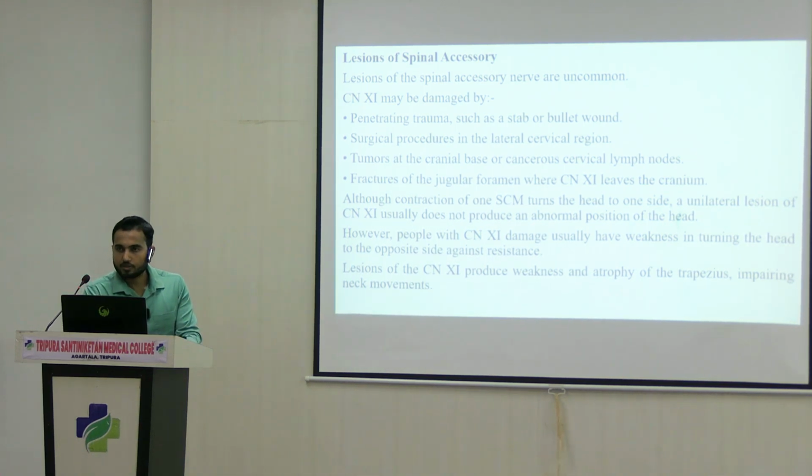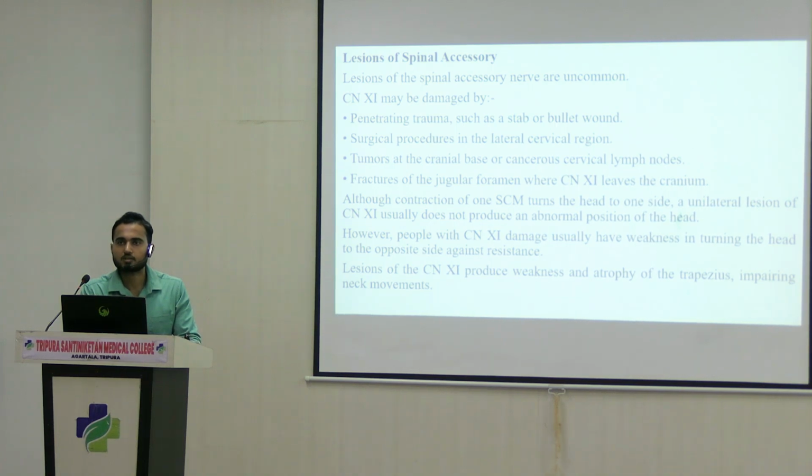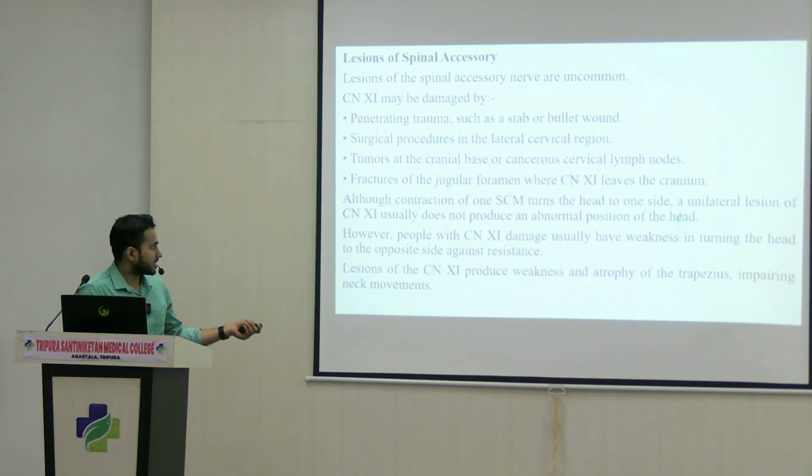In 11th cranial nerve injury, there will be weakness in turning the head to the opposite side against resistance. Suppose someone is applying resistance and you are turning the head, then the person will feel very weak. That indicates there may be damage to the spinal accessory nerve. Lesion of the spinal accessory nerve produces weakness and atrophy of the trapezius muscle, impairing neck movement.